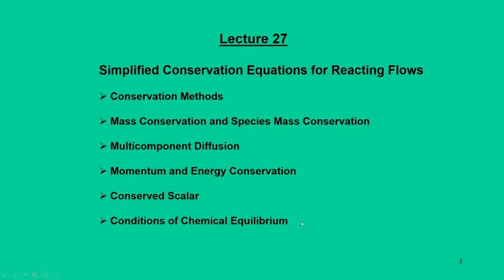Here we will see how the fundamental forces balance, and while talking about momentum conservation we mainly focus on the pressure difference that happens during the reaction process. Then we have the energy conservation equations, which essentially talk about the heat balance equations. And towards the end we will give two important concepts: one is the conserved scalar, the other is the conditions of chemical equilibrium.